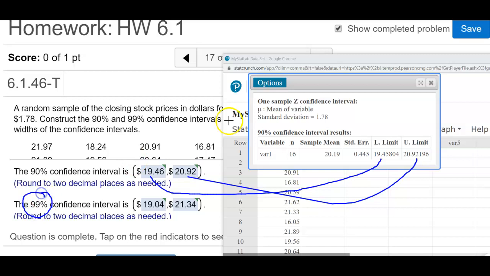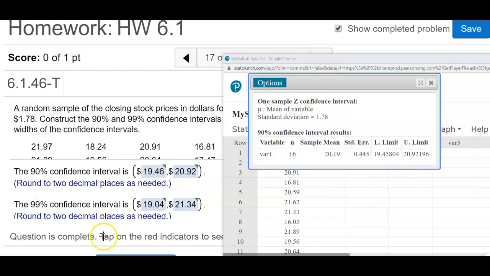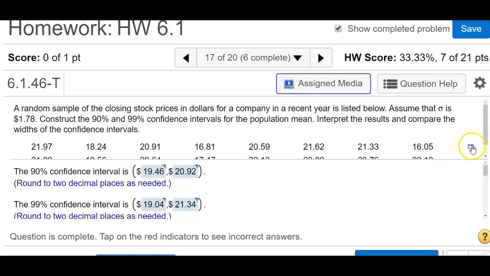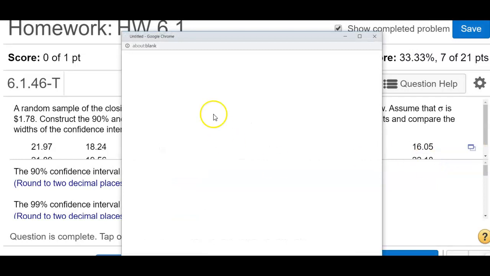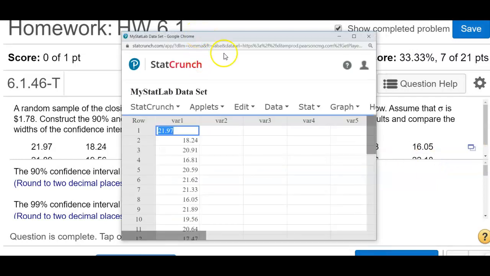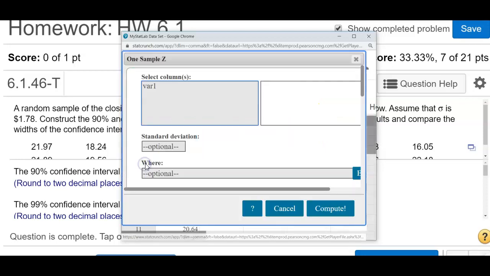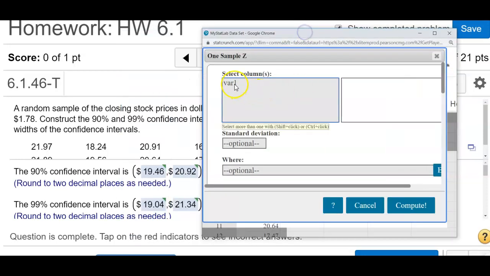Now for 99% confident, same thing, right? Let me close this here. Let me start this from the beginning so you all know what it is. Open your data in StatCrunch. Stats, ZStats, one sample with data. Plug in your variable. Plug in your standard deviation. I don't think I have to circle it again.